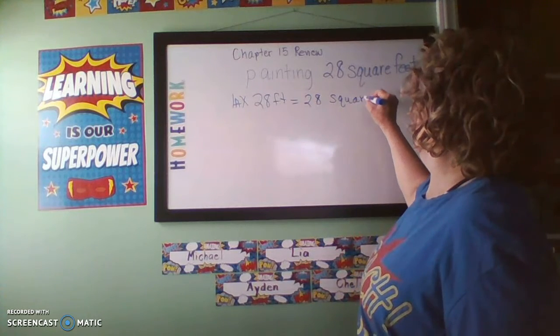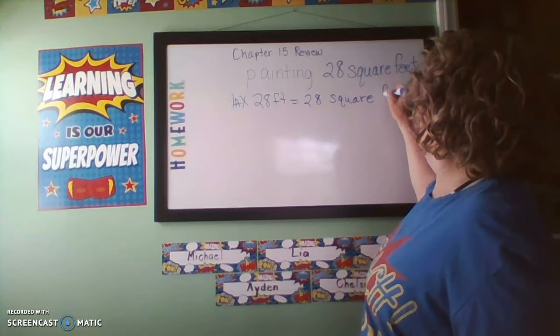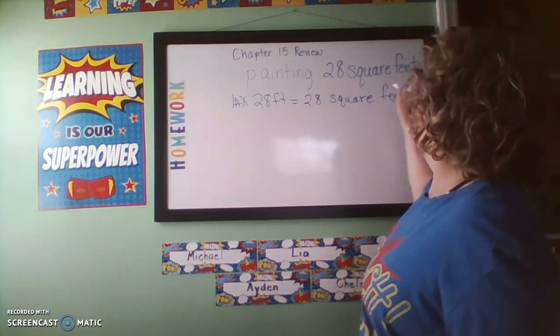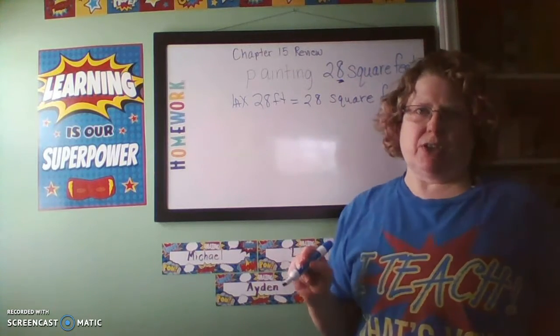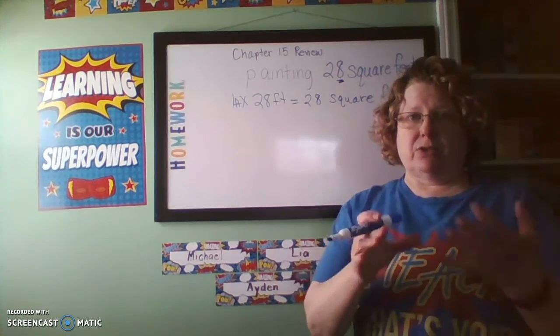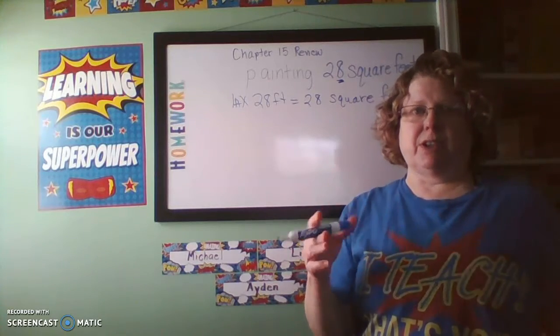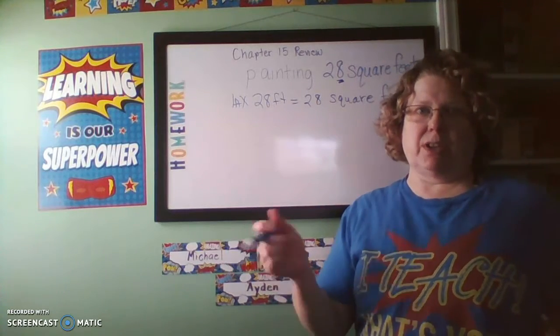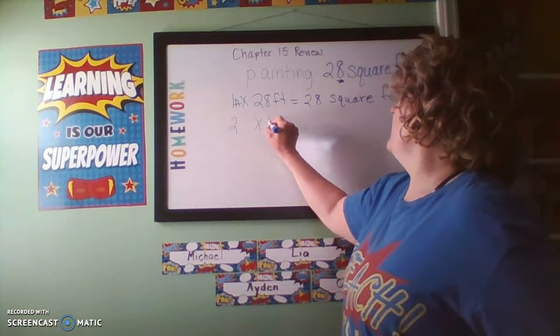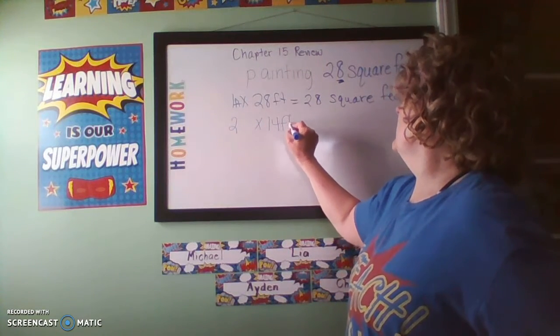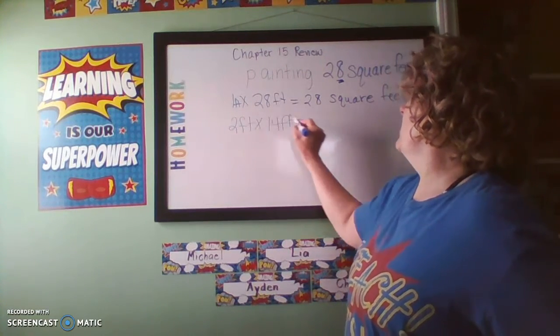All right. Now, the number ends in an even number. So I know if a number ends in an even number, it's divisible by 2. So you might have to count by 2s, 2, 4, 6, 8, 10, 12, to figure out how many 2s are in 28. But I know that 2 times 14 is equal to 28.